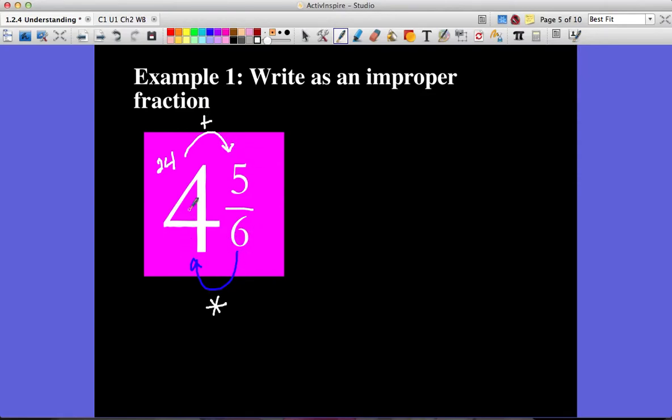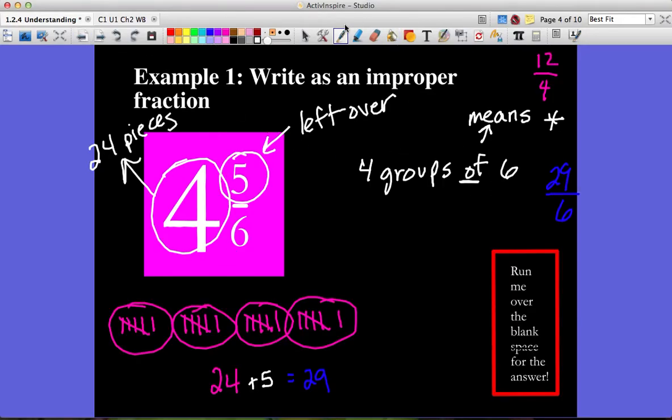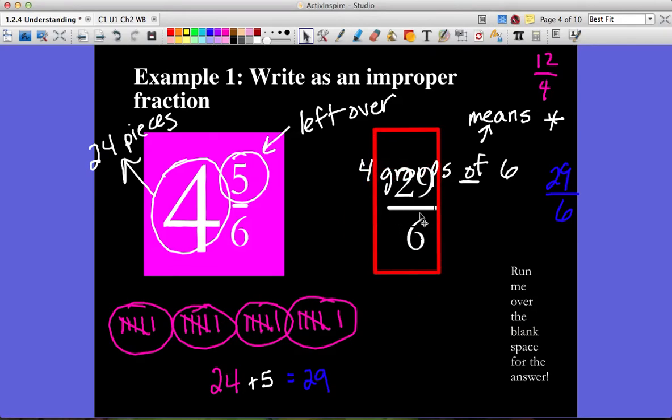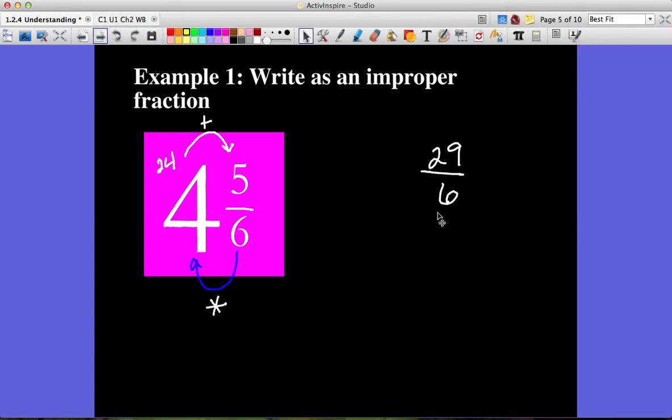So I do 6 times 4 is 24. 24 plus 5 is 29. And my denominator stays the same. Okay, so it's really just a circular process. Multiply, then add. Okay, and we can check our answer. 29 over 6. That is what we got.